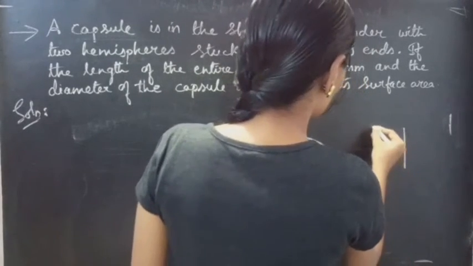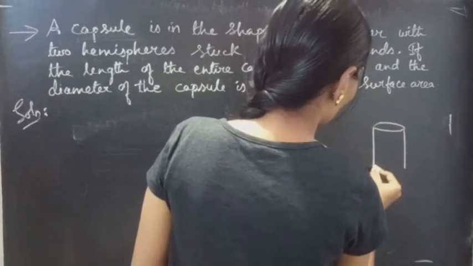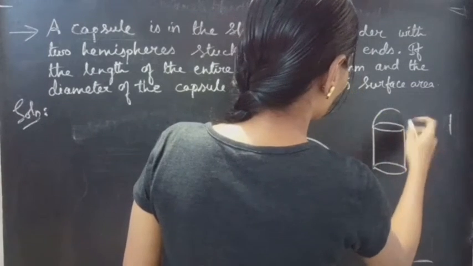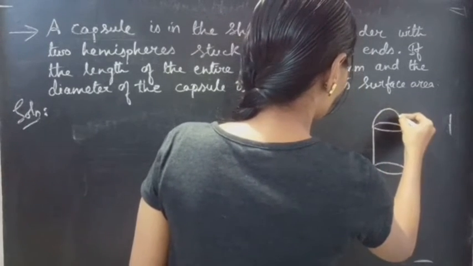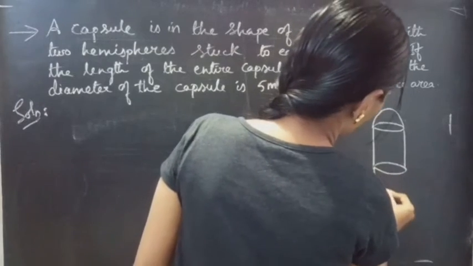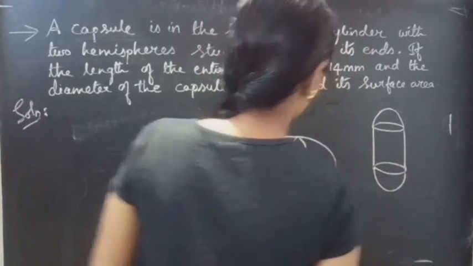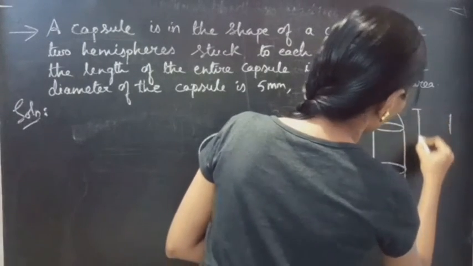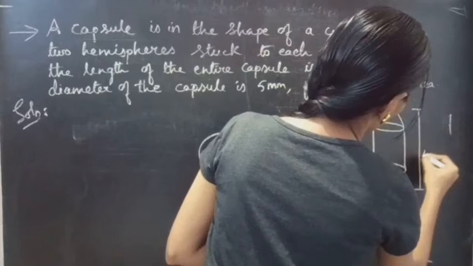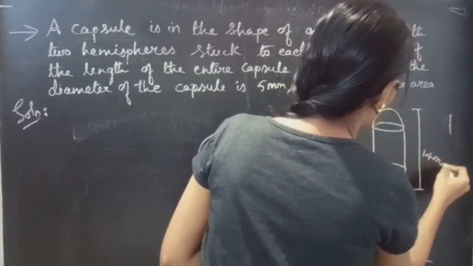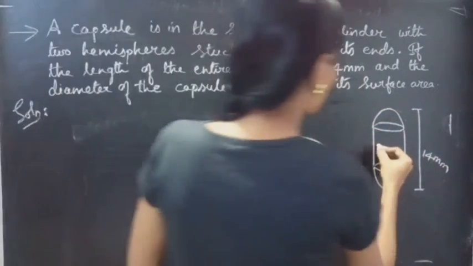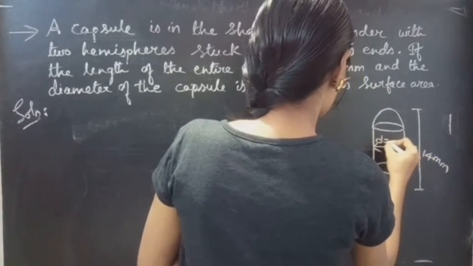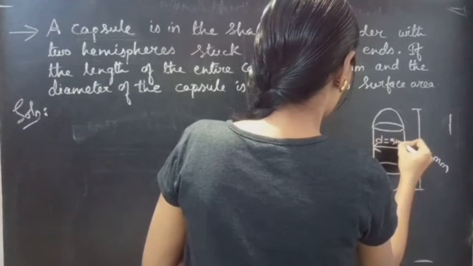Let's draw the figure vertically. Length becomes height, 14 mm, and diameter D equals 5 mm.